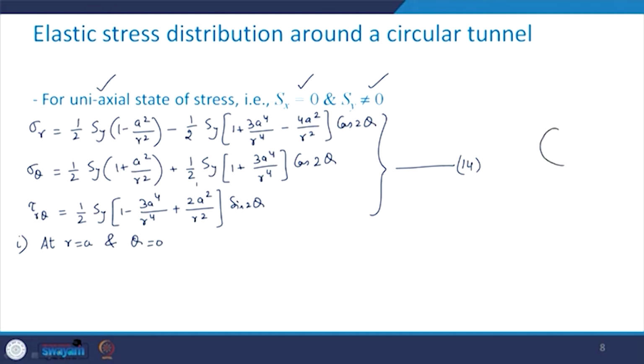So, if this was the tunnel, I had the directions of these axes in this manner, that is the horizontal axis was representing the x direction and vertical was y, and if this is what was the rock mass, any point had the coordinate r comma theta, and this theta I took in the anti-clockwise direction from the x axis.